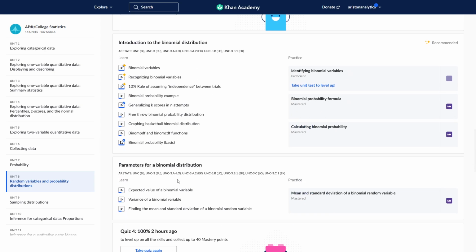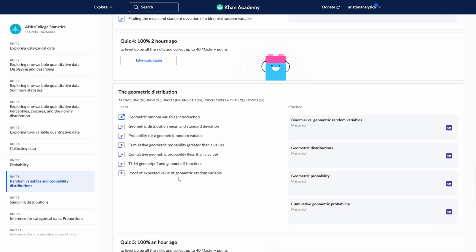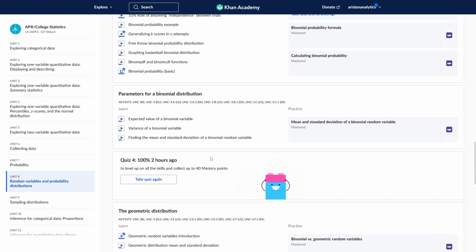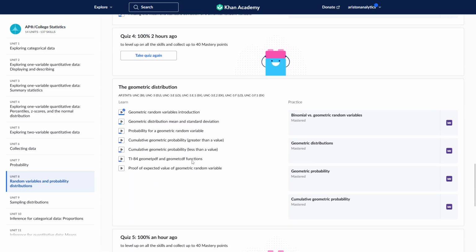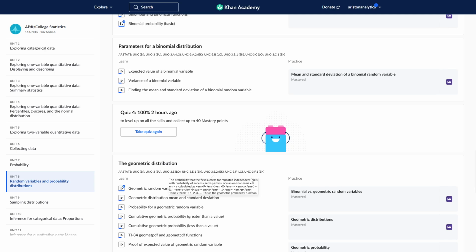Well, there's quite a bit of stuff to discuss. I'd say the main thing that we did today was geometric and binomial random variables and how to deal with the different distributions. Also, mean and standard deviation. Mean, also known as expected value. It's different for if you're calculating it for a binomial or a geometric random variable.